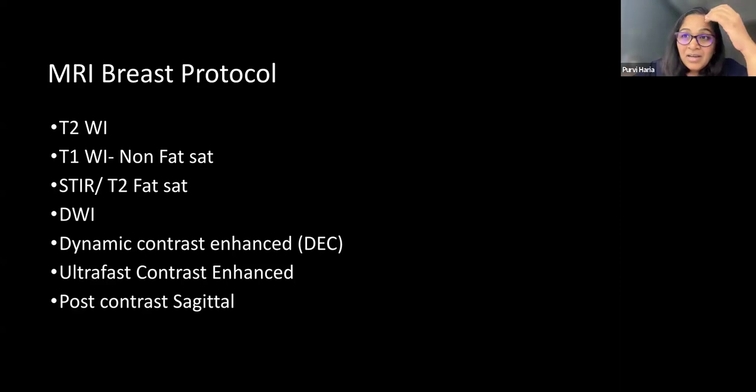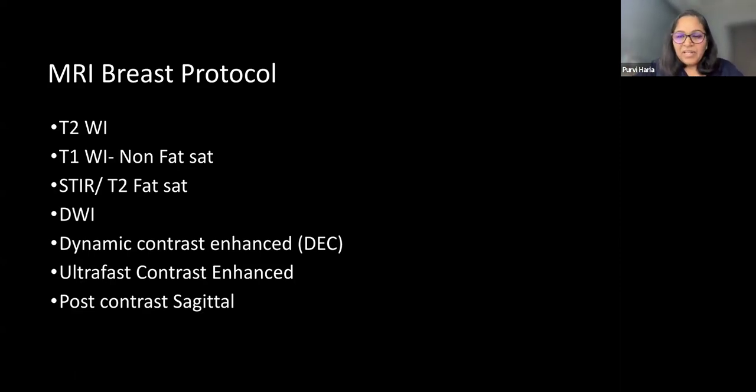When you ask for an MRI, what sequences do we see? This is a routine breast MRI protocol that we perform for all patients. It has T1 weighted images, T2 weighted images, STIR images, diffusion, and post-contrast dynamic. Some places have ultrafast, so they perform ultrafast images. And sometimes there are sagittal and coronal images as SOS, depending on what protocol each institution is following.